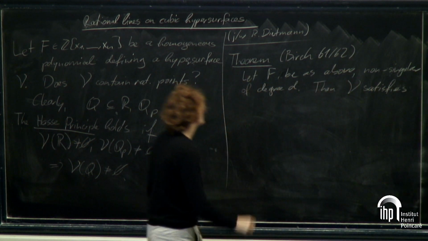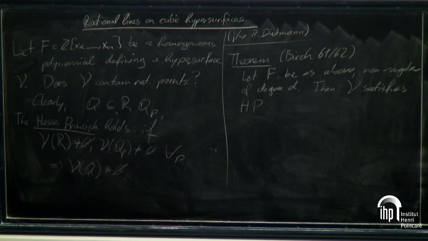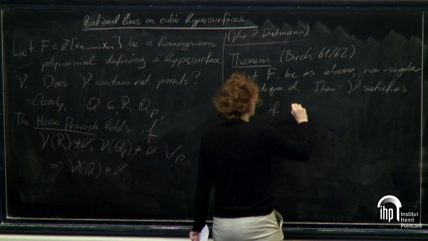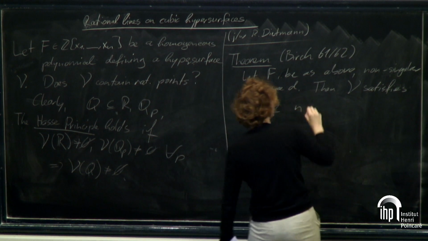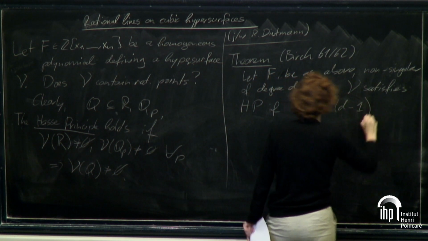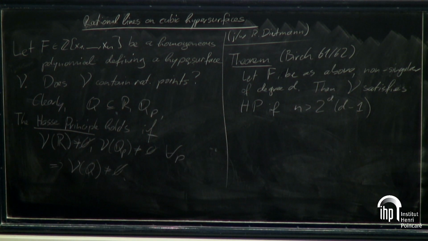Then the Hasse principle holds for the associated hypersurface if the number of variables is at least 2 to the d times d minus 1. If d is 3, you can compute that, you get 16.